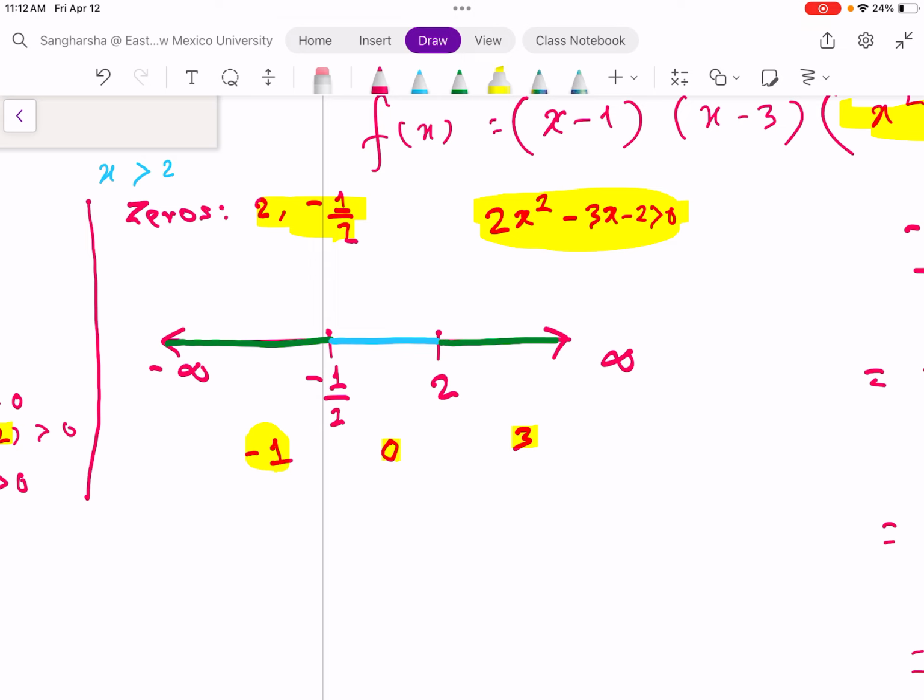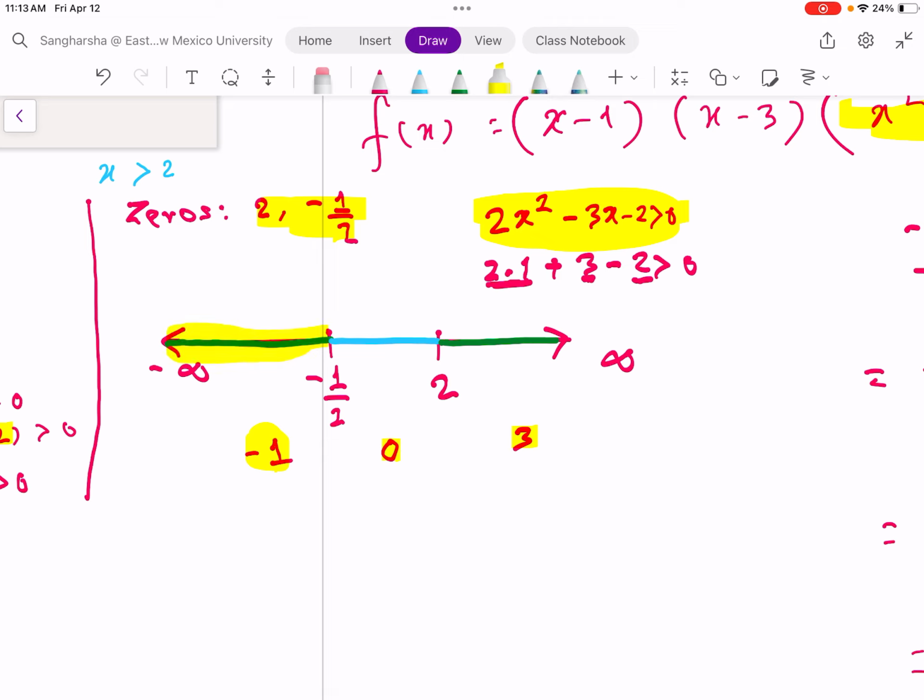So we have 2 times negative 1 squared, that is plus 1, minus 3 times negative 1, that is plus 3, minus 2 greater than 0. Now is it true? 2 times 1 is 2, 2 plus 3 is 5, 5 minus 2 is 3. 3 is greater than 0. That's true, right? True means this interval is a solution. So we have this interval as a solution.